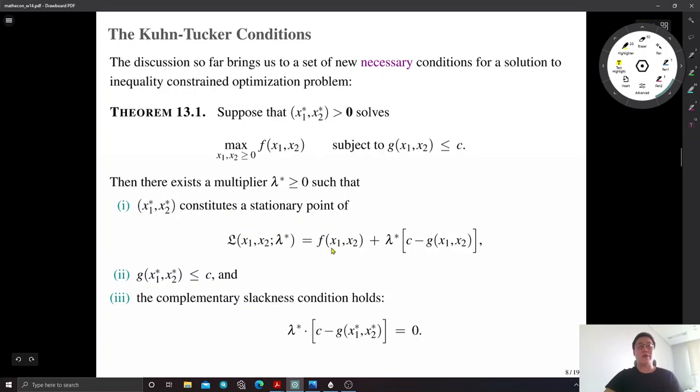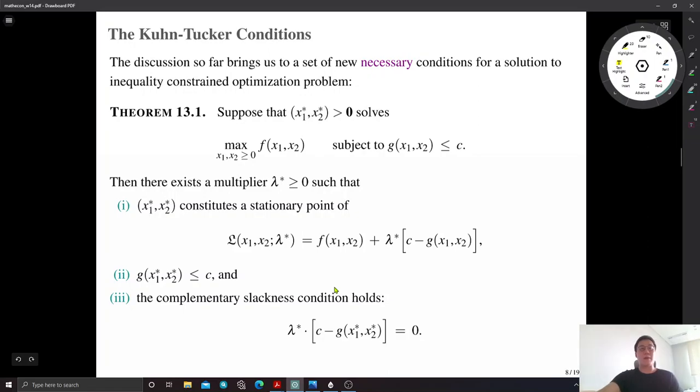I think we are now familiar with this condition, which is not that different from the Lagrangian multiplier method. Second, we have to check that the point we look for, the solution to this optimization problem, satisfies the given constraint. That is also not surprising. But the third condition, the complementary slackness condition, is kind of new.